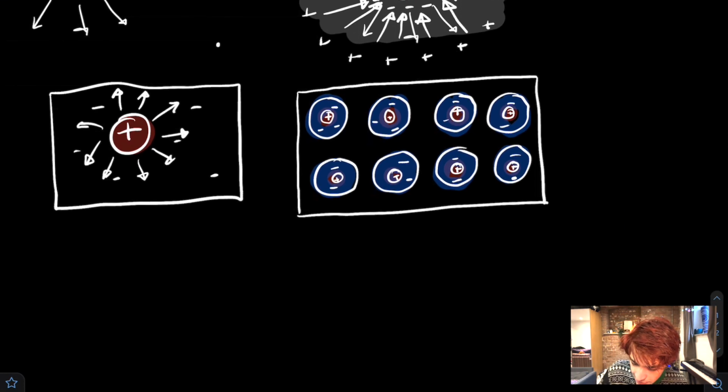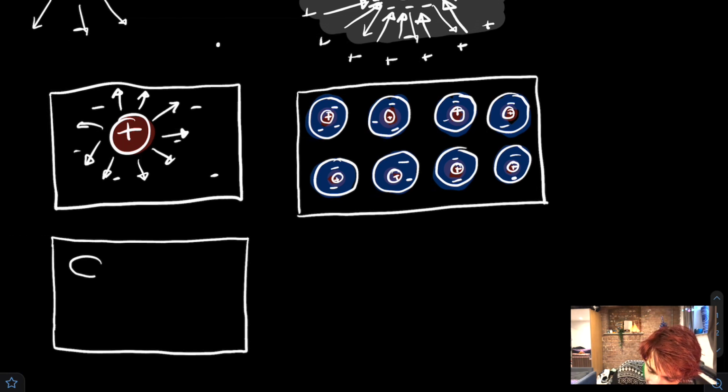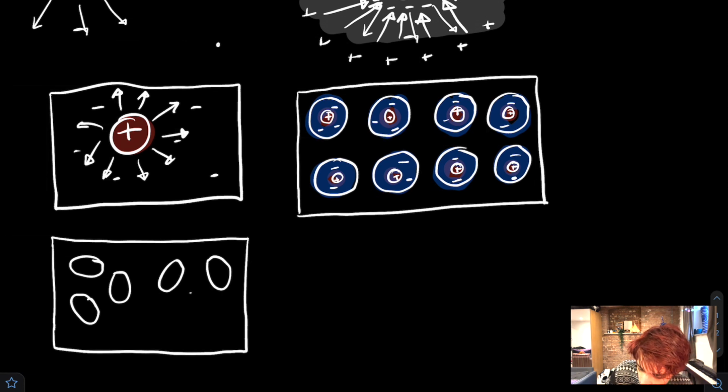However, you could in fact have a material that rather than individual atoms with electrons orbiting a nucleus, is comprised of molecules. So you could have something like water, where you have lots of molecules right here. And the key thing about water is that it's a polar molecule.